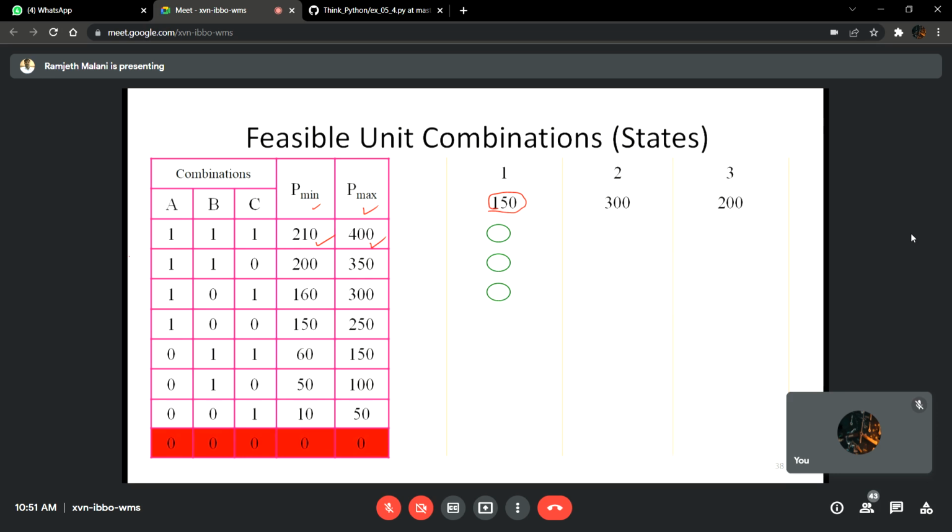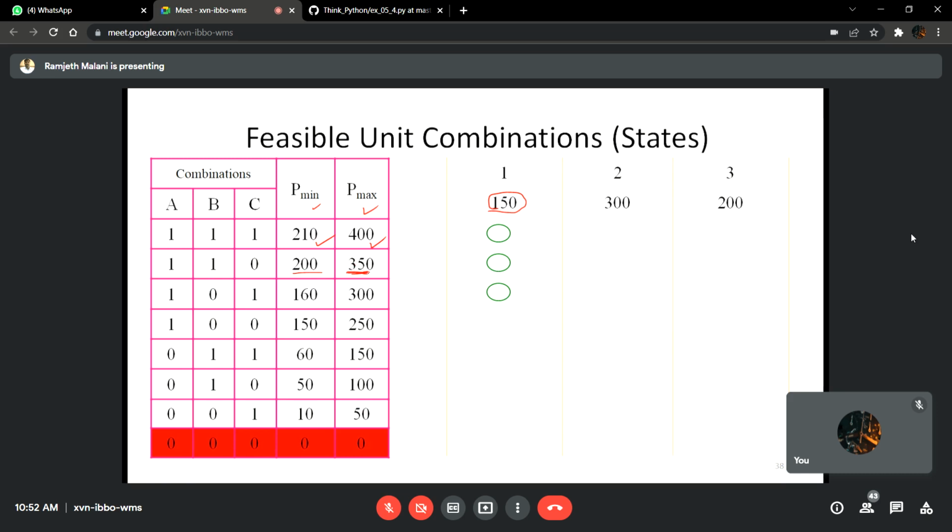Right? When the first two generators are running, I have summed up the Pmin values for the first and second generator and the Pmax values for the first and second generator. The sum of minimum generation values for generator 1 and generator 2 is 200.